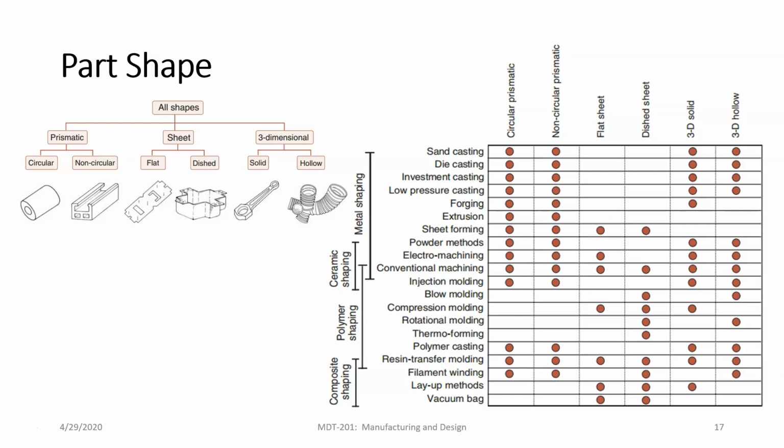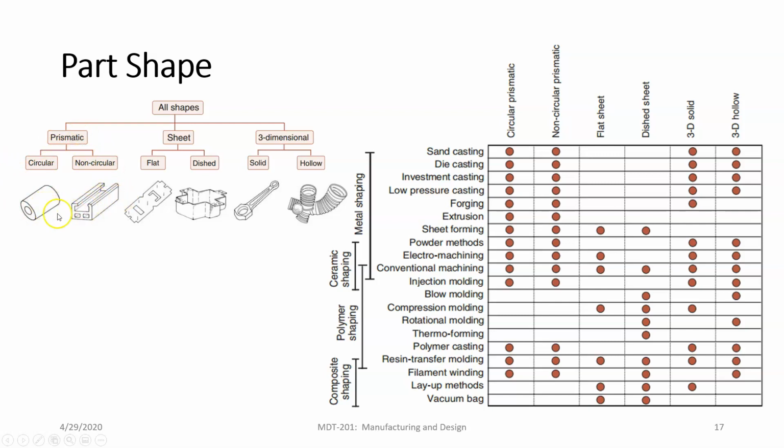I find them very useful because they really break the parts that we're trying to design down into different ways to see them. So the first table that we're looking at is based on part shape, and you can see that the shapes are broken down into what I call the 2.5 dimensional shape.